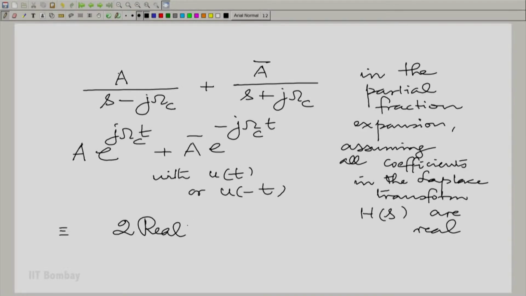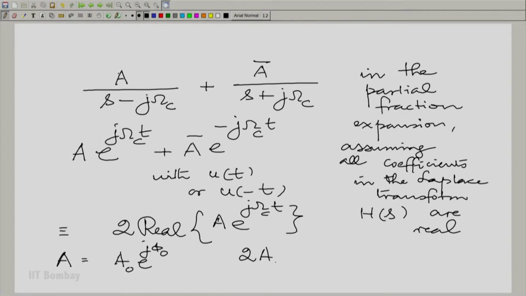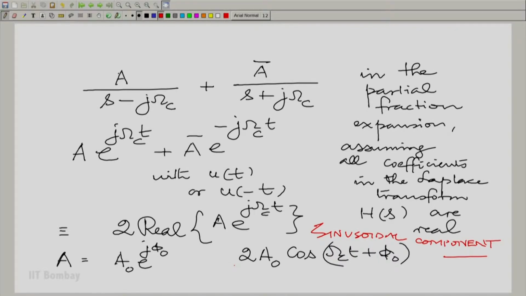So, 2 times the real part of this. A can be written as A0 e raised to the power j phi 0, and then you can take the real part and you get 2 times A0 cos of omega c t plus phi 0. So, essentially you get a sinusoidal component. That is interesting. You get a sinusoidal component in the impulse response.